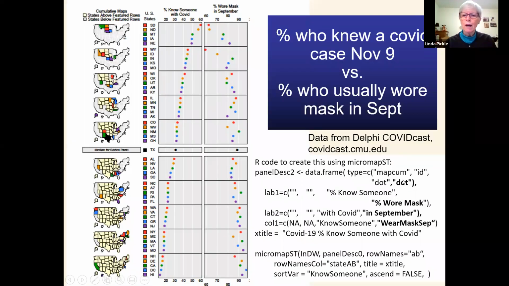So asking for a dot plot of percent who wore a mask, and give it a label. So we found that this linked micromap design is useful for exploration as well as for communicating the information from model results.